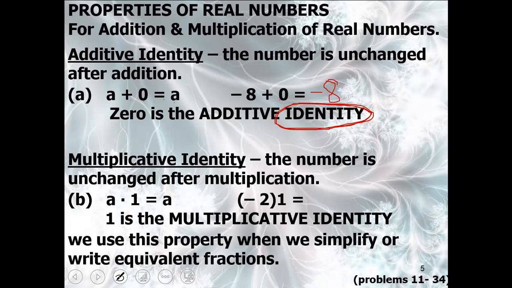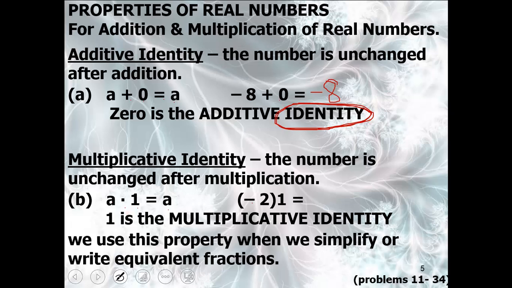Okay? The multiplicative identity is the one number in all of the universe that when you multiply it by any other number, you end up with the other number, and that's 1. A times 1 is equal to A. You haven't changed it.